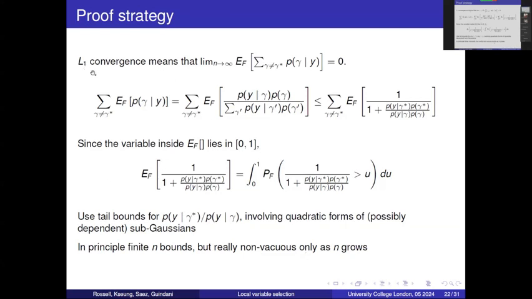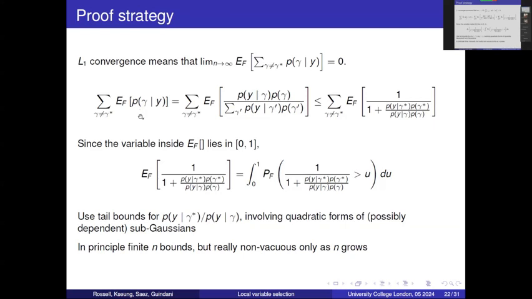L1 convergence just means that if I add up the posterior probability assigned to all of the wrong models, its expectation converges to zero, by definition. Now, the expectation of a sum is the sum of expectations.